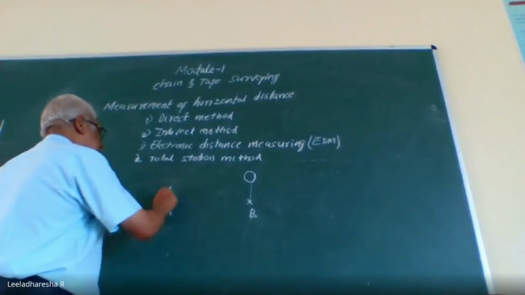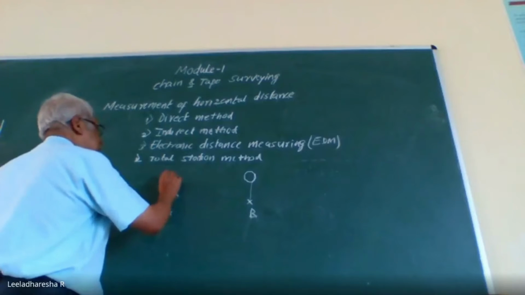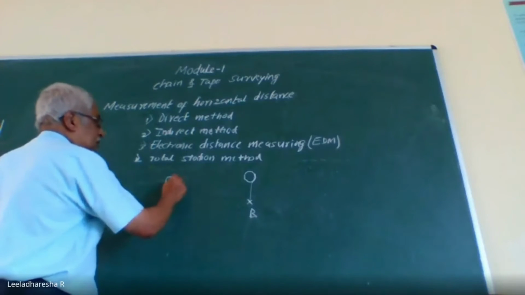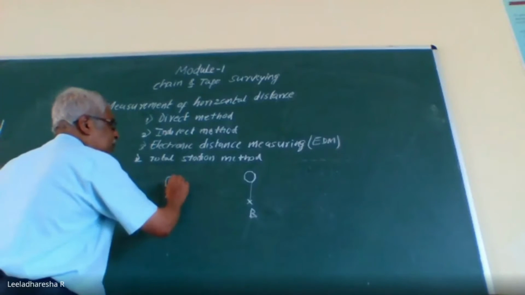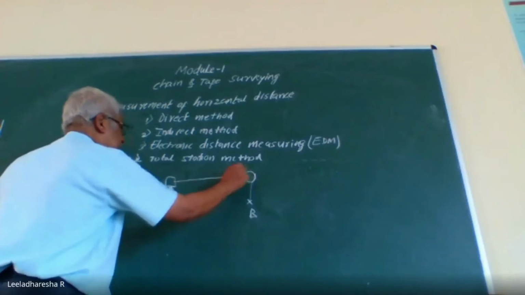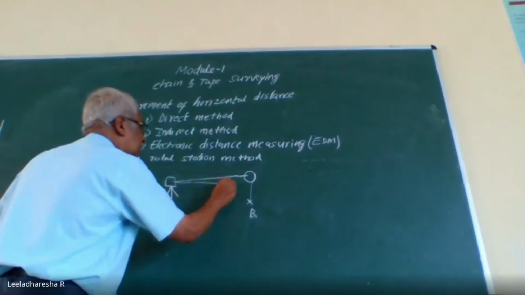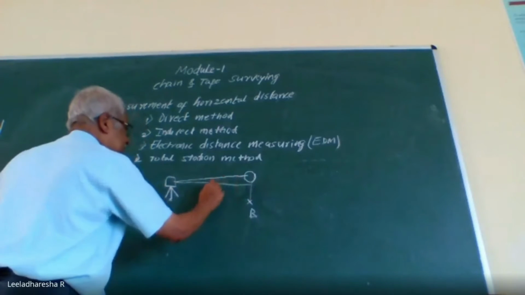And here, over point A, set your theodolite. This theodolite is going to send a ray at some particular angle, and automatically it is going to measure the horizontal distance, that is AB.